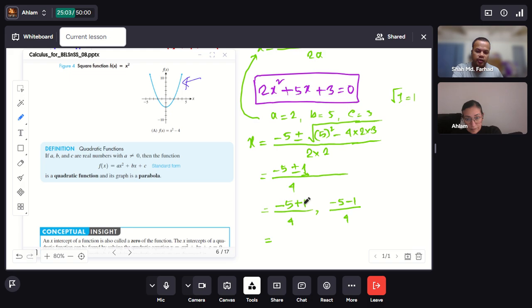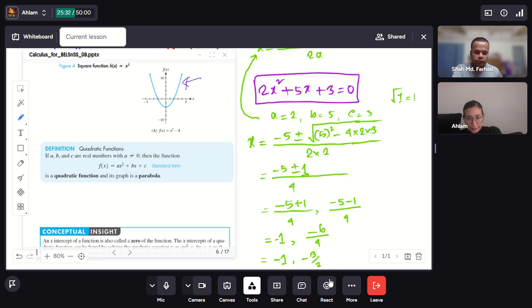So the value is negative 4 by 4, that means negative 1, and here negative 6 over 4, that means negative 3 by 2.